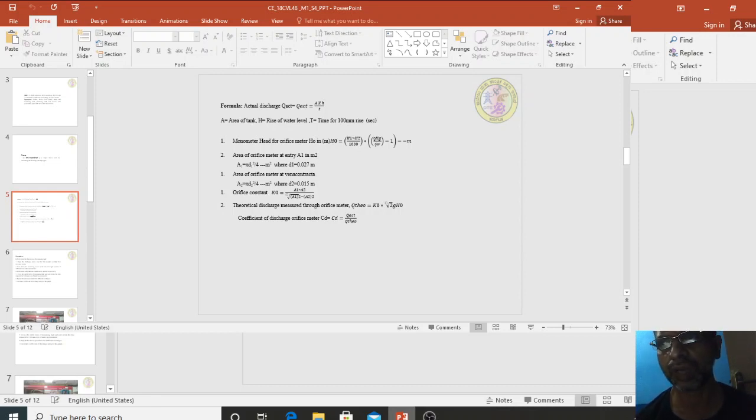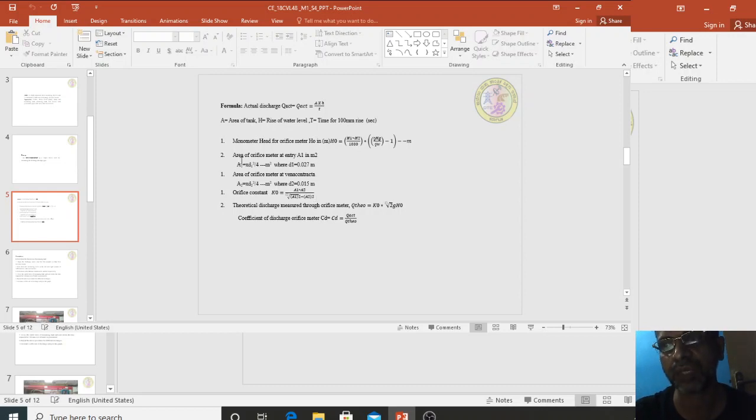So coming to the theoretical discharge, Q theoretical is given by the formula K0 into root of 2 g H0, where K0 is called the orifice constant, which is equal to A1 into A2 divided by root of A1 square minus A2 square. What is A1?